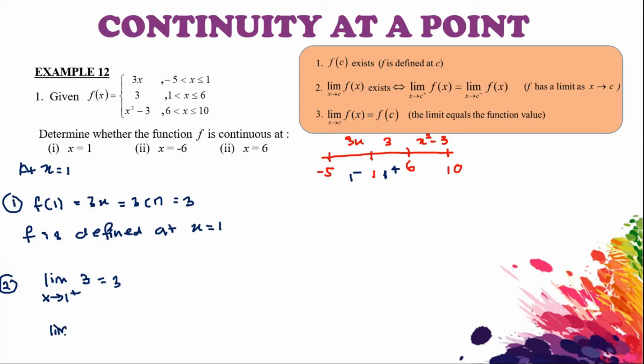Limit x approaches 1 from the left. Which function is 1 from the left? As you can see from the number line here, the function is 3x. So now we just do simple substitution. 3 times 1 equals 3. As you can see here, the limit from the right equals the limit from the left. So the limit of f(x) as x approaches 1 from the right is equal to the limit of f(x) as x approaches 1 from the left.